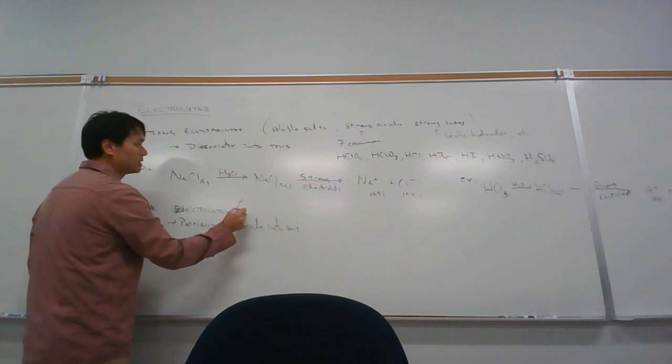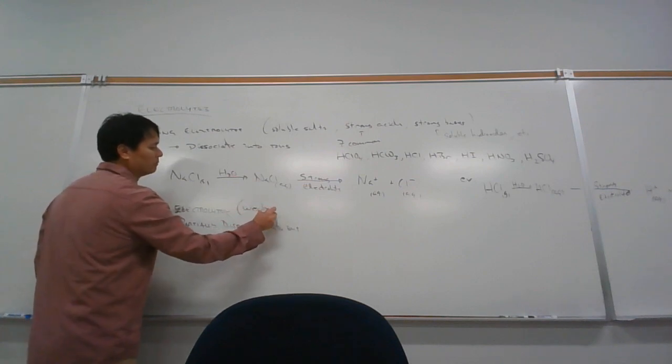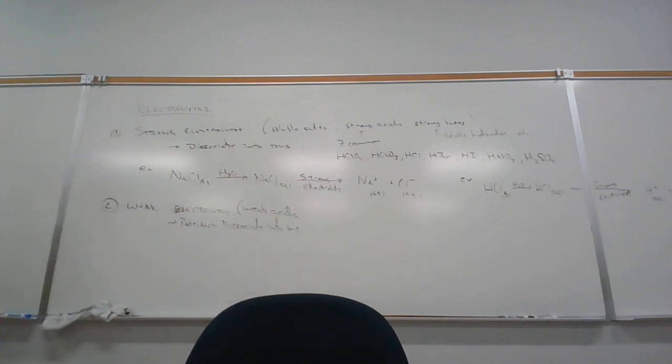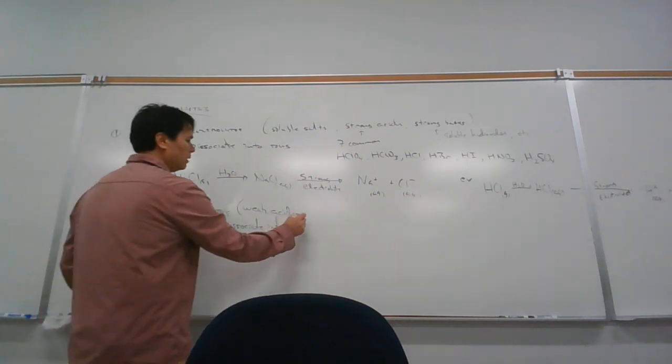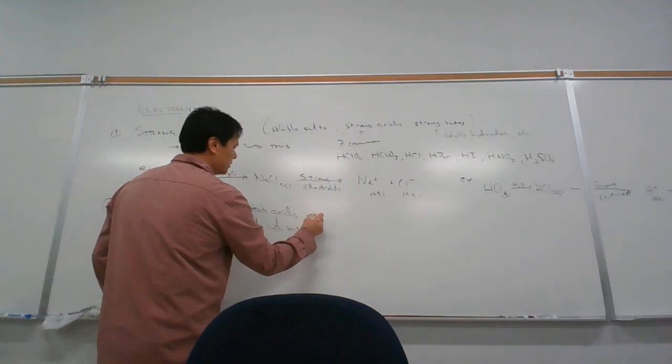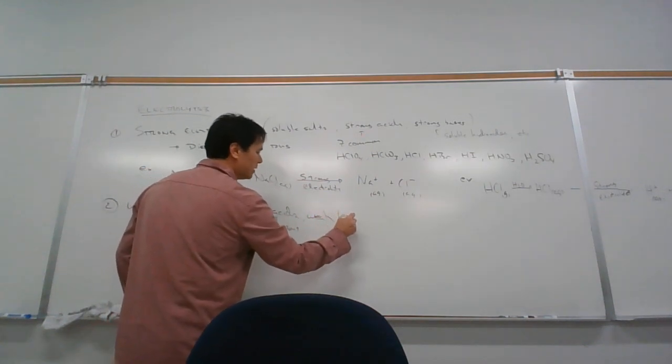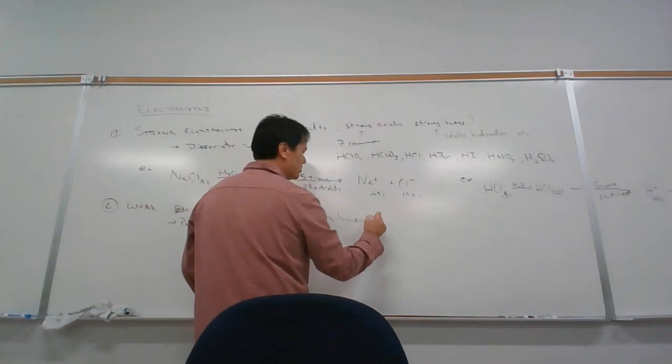The weak electrolytes consist of the weak acids. So if it's not a strong acid, then it's going to partially dissociate. It's not going to fully dissociate. Weak electrolytes include weak acids, weak bases, and some heavy metal salts.